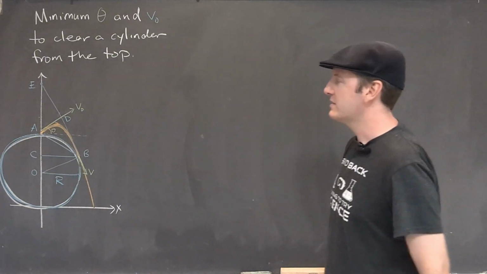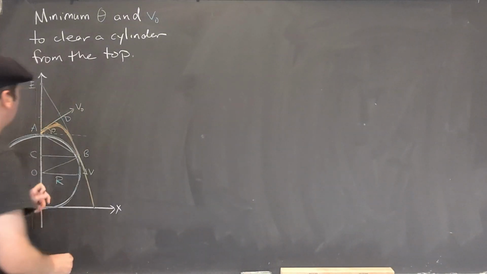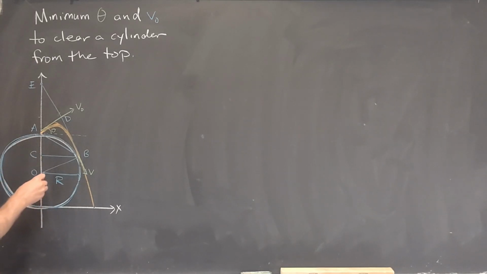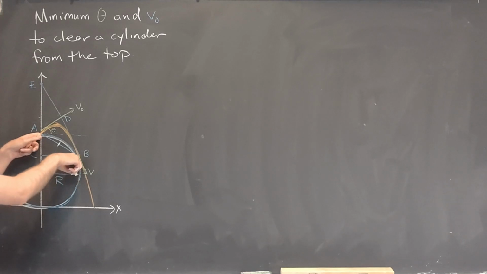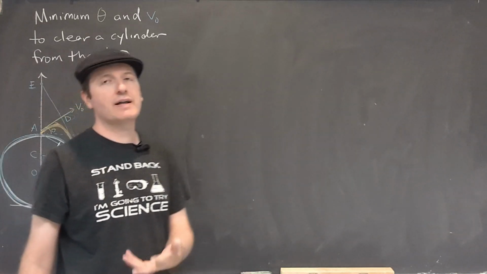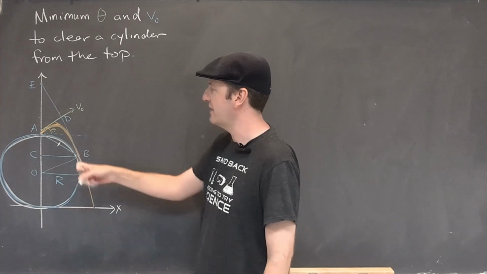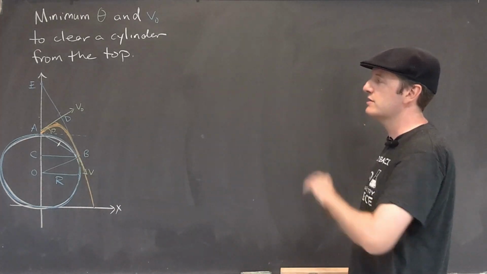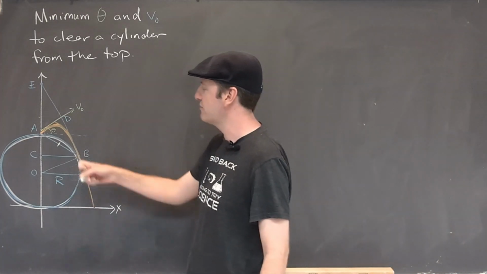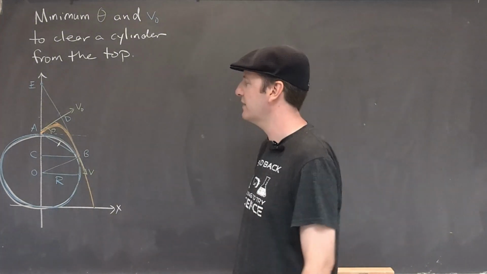One of them said that if I take the distance between my launch point and my final point, and my final point in this case really means this point of tangency B. So my launch point is point A, and my tangent point is point B. That's the point I'm just barely trying to clear.